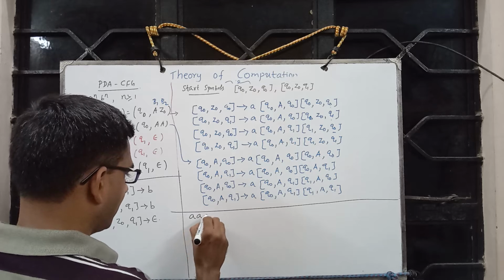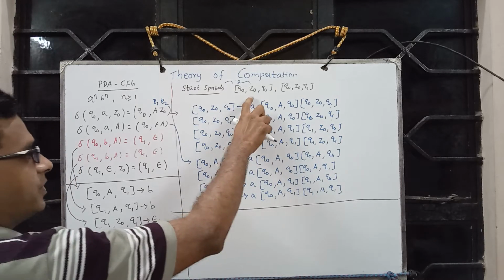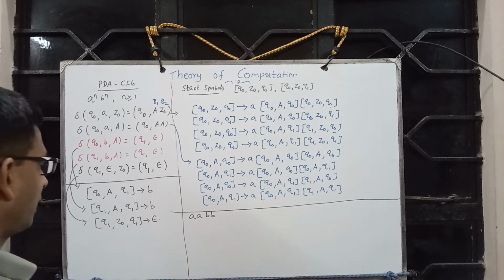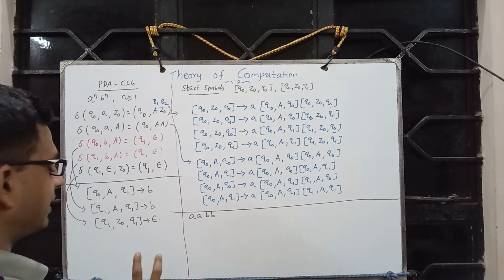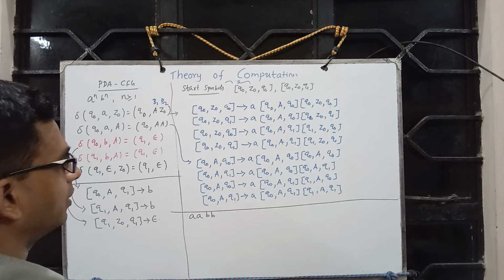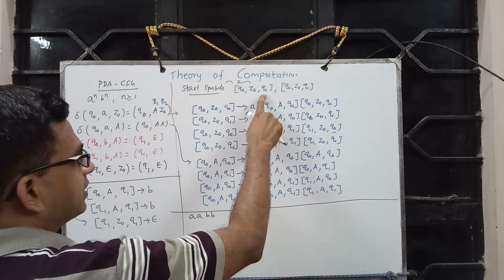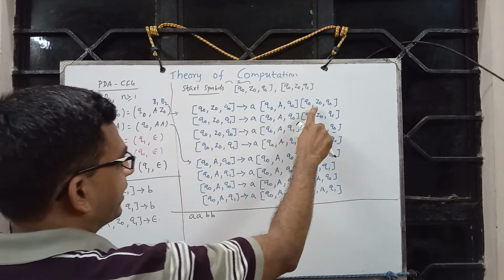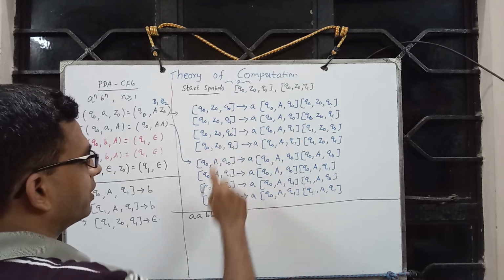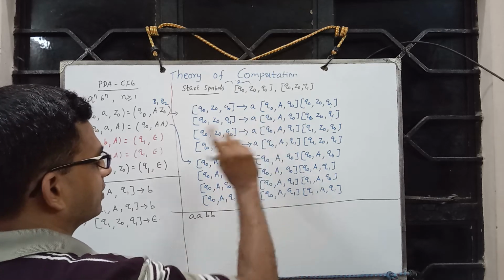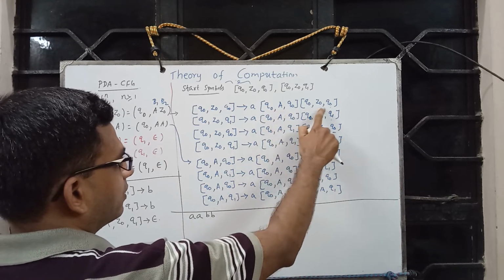Let's look at one trace so that you can appreciate how things work. Let's look at aabb. We will have to start from this or this and proceed. Supposing you start from q0 Z0 q0, there are two possibilities, you either take this or this. Suppose you take q0 A q0.